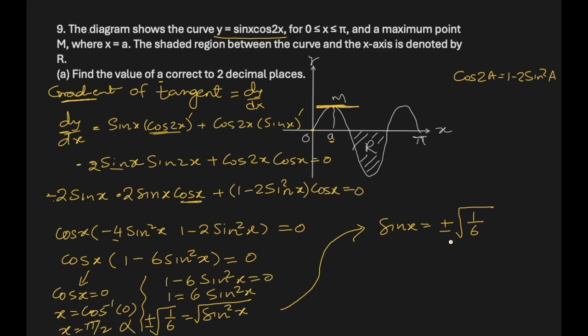Since sine is positive in the first quadrant only, and pi by 2 is somewhere here, a is less than pi by 2, so the negative has to be ignored because we can't have an answer in the second quadrant. So the answer is x equal to sine inverse square root 1 over 6. Alright, we can put this in a calculator, and because it's pi here, we'll get our answer in radians. Let me use my calculator.